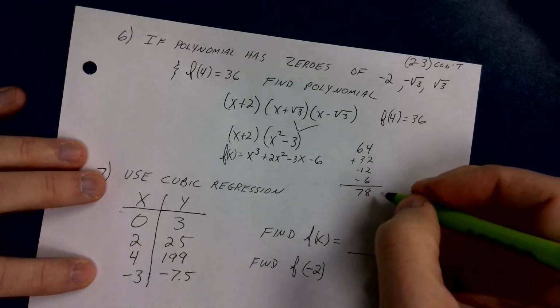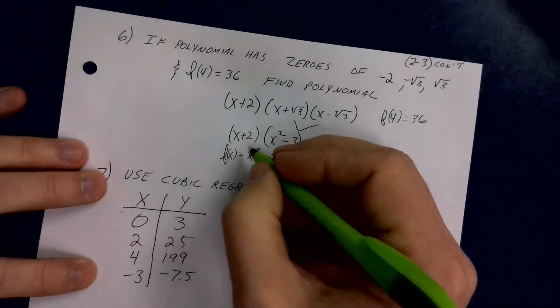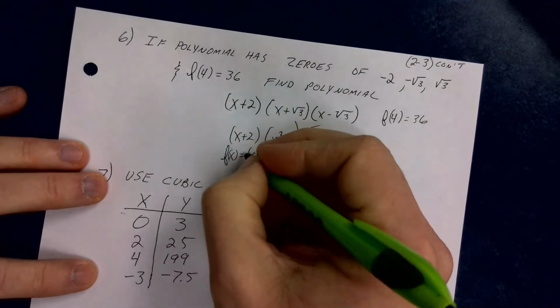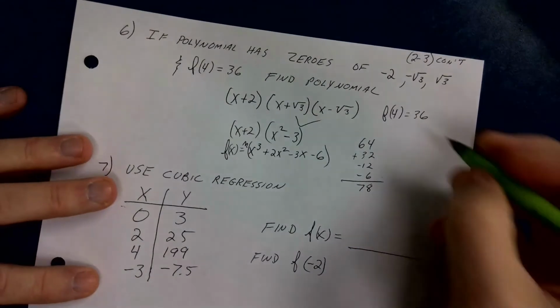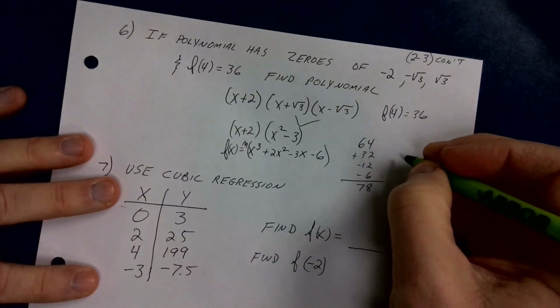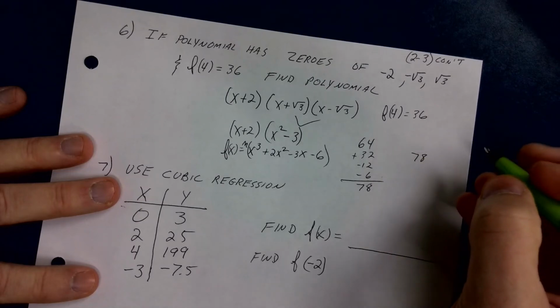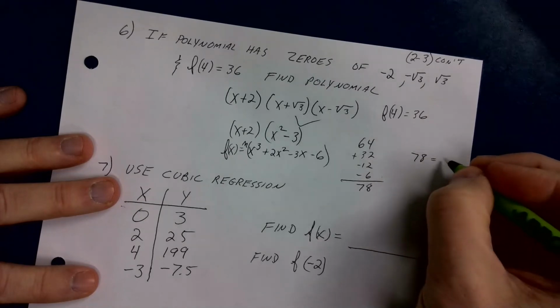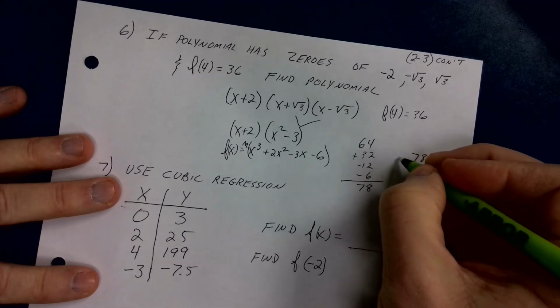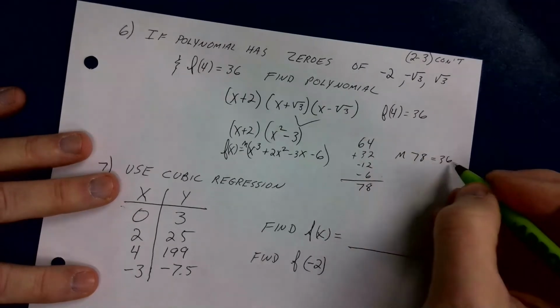Somehow I've got to have something that actually is out here in front, some multiplier m, that's going to do, when I plug that 4 in there, instead of getting 78, I need it to equal 36. So something times 78 actually equals 36.